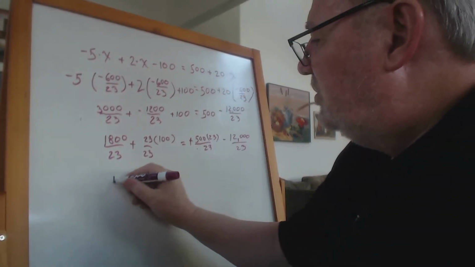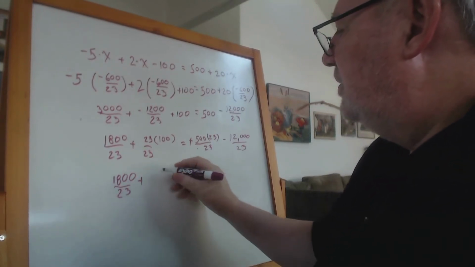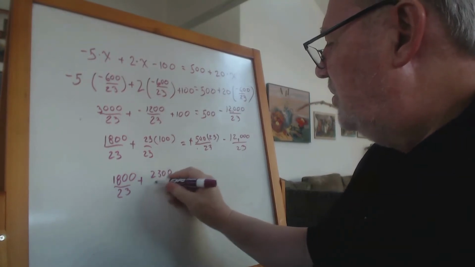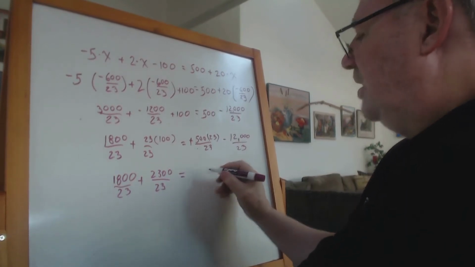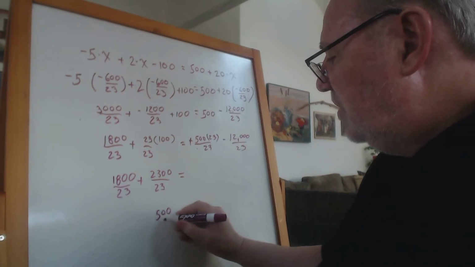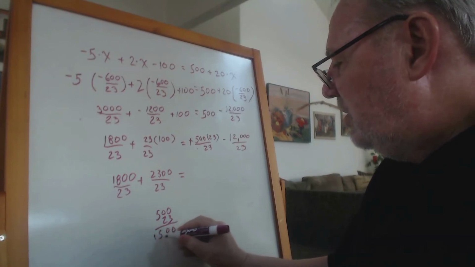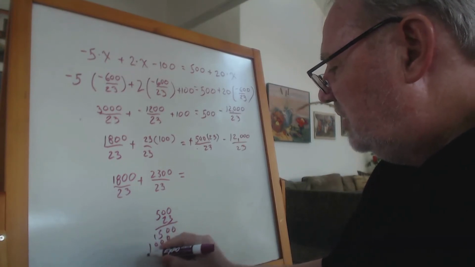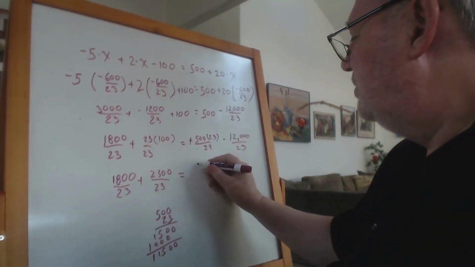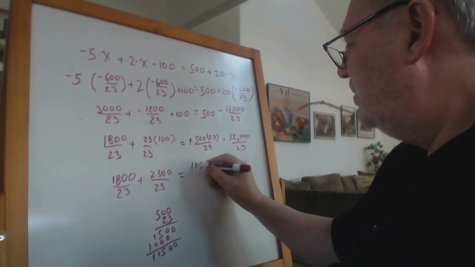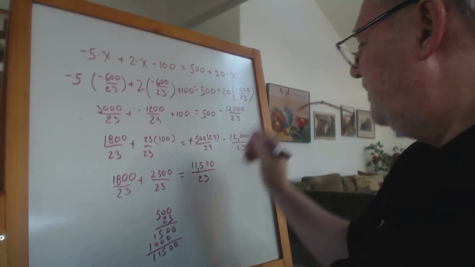So we have 1,800 over 23 plus 2,300 over 23 is equal to 500 times 23. That's 11,500, over 23 minus 12.